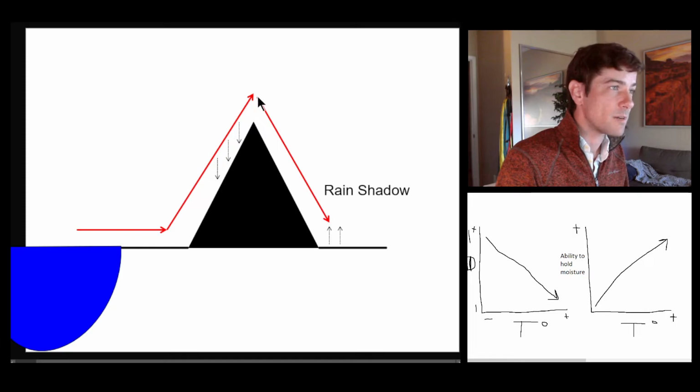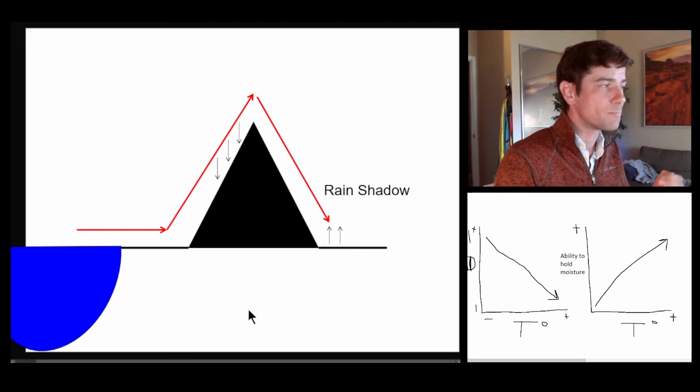And when it does that, it warms. And so just like at 30 degrees north and south, when the air sinks back down to Earth's surface, it warms and its ability to hold moisture increases. And so there's no rain on what would be called the leeward side, the back side of mountains. It's what we refer to as a rain shadow.